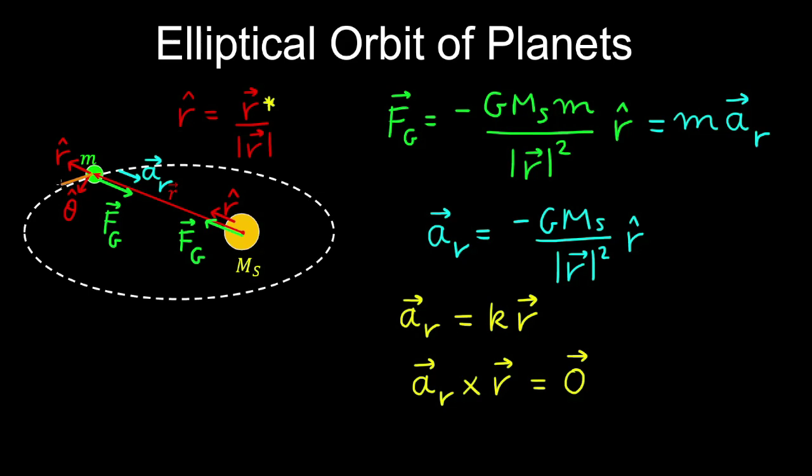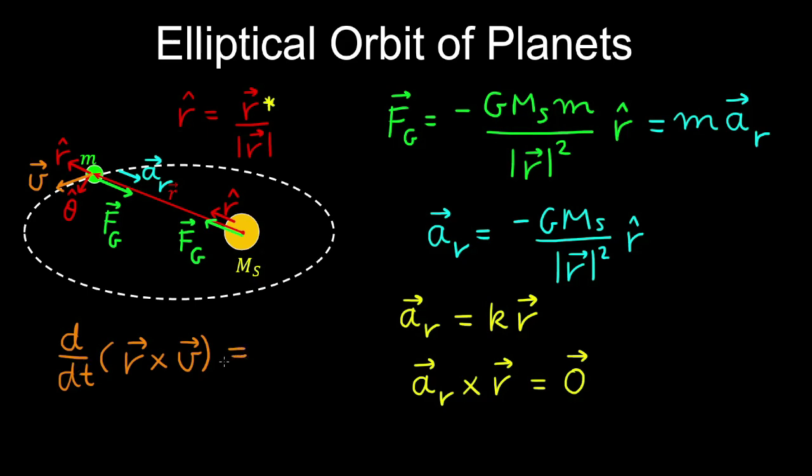So noting the velocity vector is tangential to the curve, we can show that the motion of the planet is in the plane by taking the derivative of the cross product between the position vector and velocity vector with respect to time.